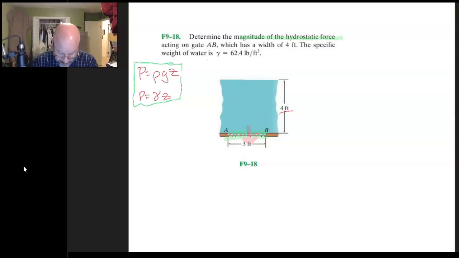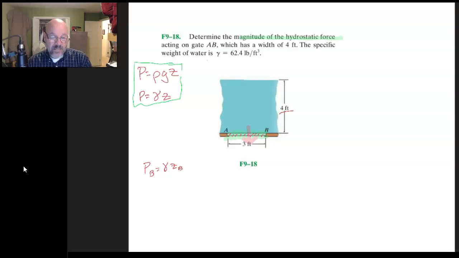I'm going to say the pressure at the bottom is going to be gamma times the depth, so I'm going to put ZB for the bottom.